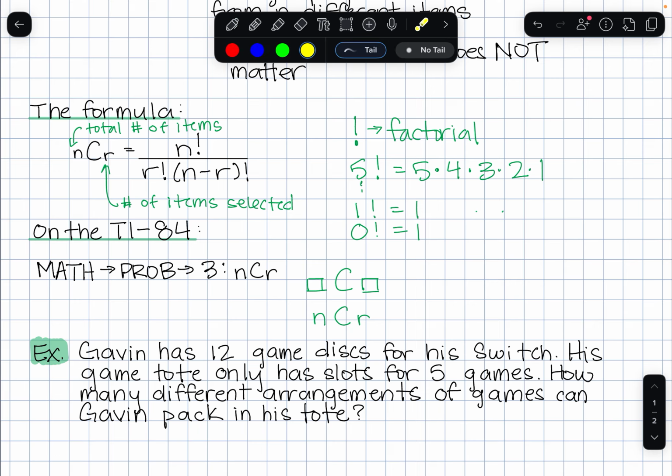In that case, you need to enter the number for n before you go to the math menu: you need a number sitting here, then nCr, and then a number sitting here. Whereas on the newer calculator models, it's a cursor. You're just going to type n here and then type r here. We're going to go ahead and do an example both ways so you can see both in practice.